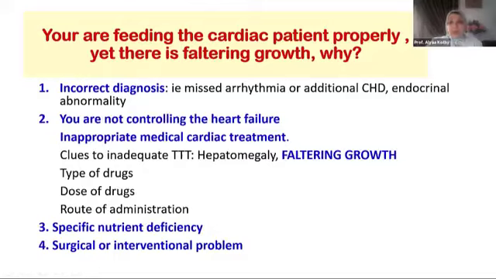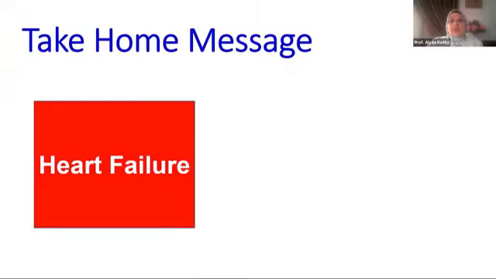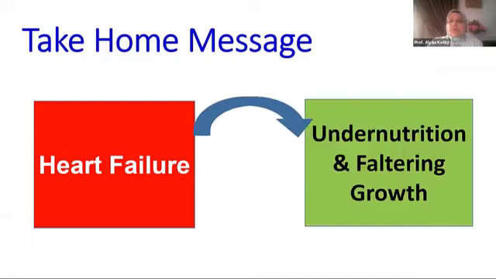We have to understand that sometimes there are congenital cardiac defects in which no medical treatment is effective. You have to do a surgical interventional procedure to improve your patient. So my take-home message: heart failure precipitates undernutrition and faltering growth, but also undernutrition and faltering growth can precipitate heart failure. And thank you.